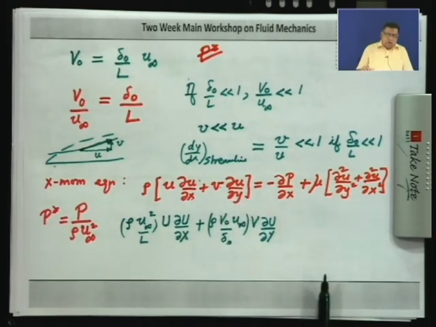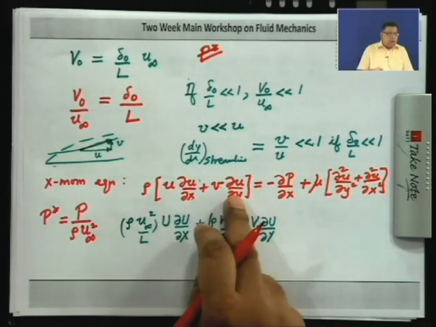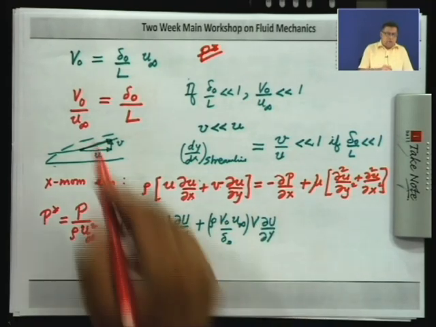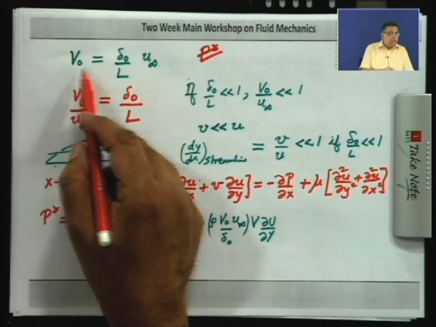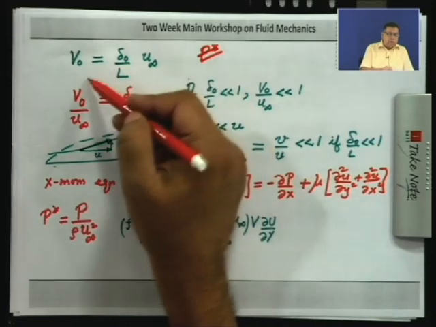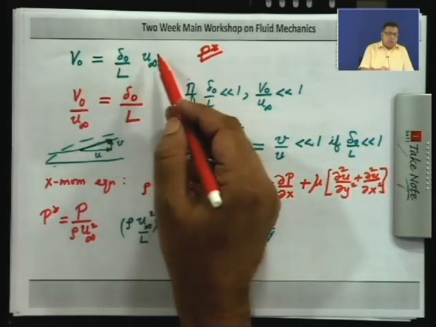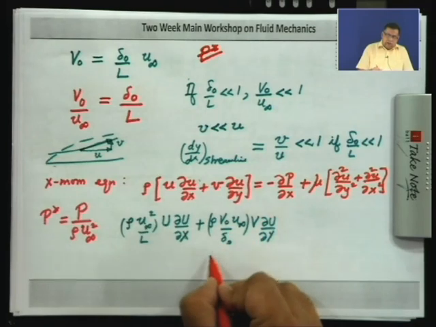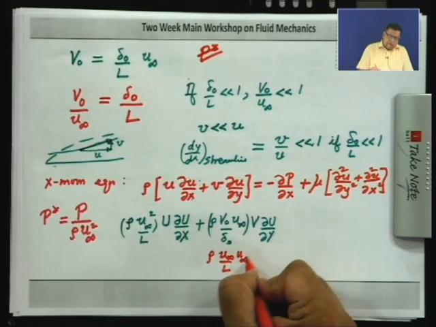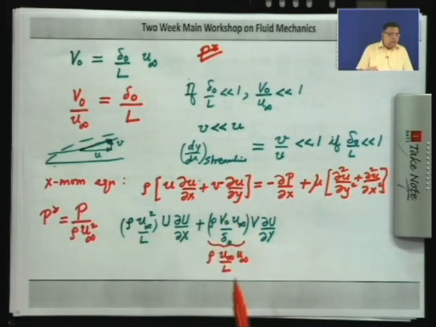Now, if you look at this term and this term, we can try and compare the order of magnitude of the two terms and see if one is small compared to the other, then you can neglect it. Now, we have a relation here that v naught is delta naught by L times u infinity. So, v naught by delta naught is u infinity upon L. So, this quantity is rho u infinity by L into u infinity. If you look at these two, you see that they are the same order of magnitude.